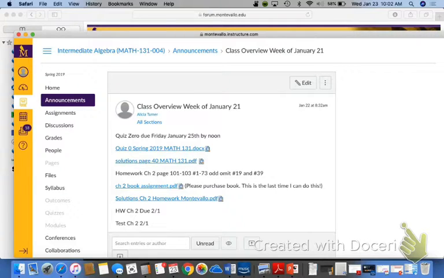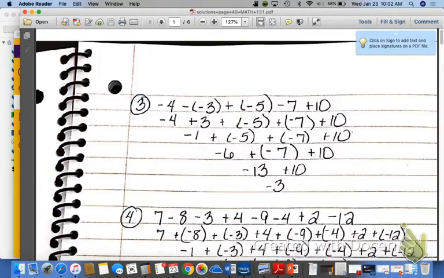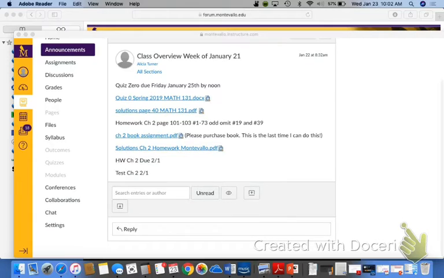So if you need those solutions, and by solutions I mean I've worked them out. It's not just the answers. It shows you how to do it. Okay? Do you see how it shows you how to do it? All of your homework, you'll be given solutions to that homework. So if you got stuck on any of those and you need to review those, there's the solutions.